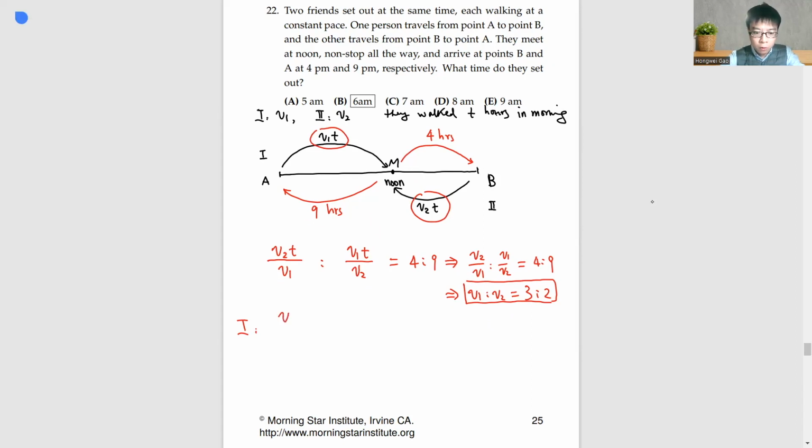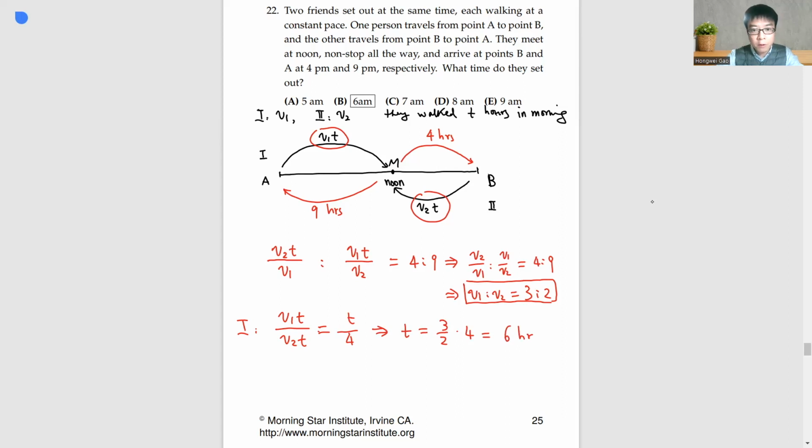So the ratio of the distances is equivalent to the ratio of the times, which is t over 4 hours. But we know v1 to v2 is 3 to 2. So that means we can solve t. T is going to be 3 over 2 times 4, which is 6 hours.